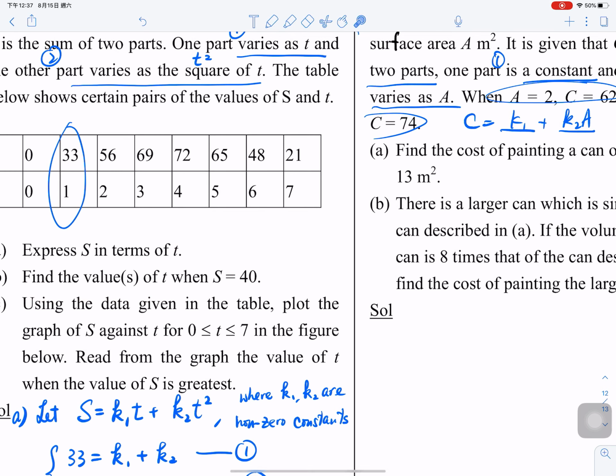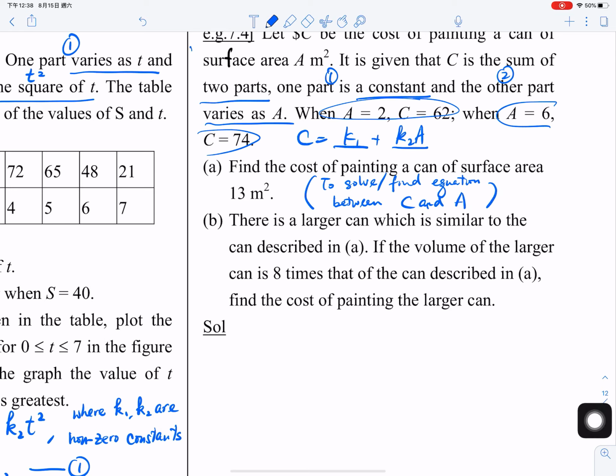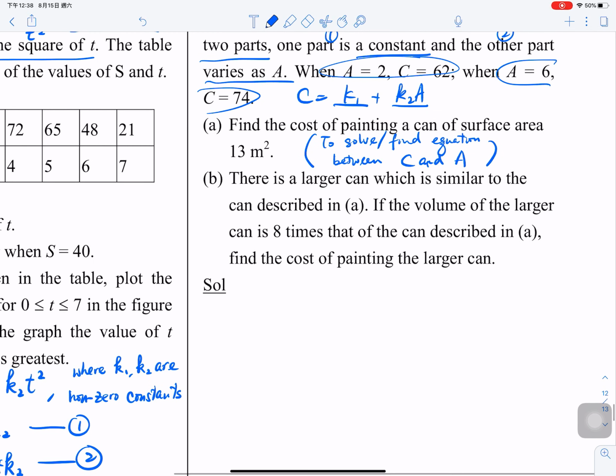So in part A, you need to find the equation between C and A by yourself. Okay? It hasn't asked you, but you need to do it. So part A, let's see.